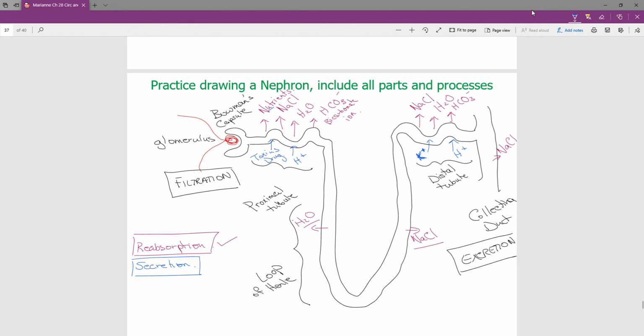And so that cleaning out the closet is the filtration. You are going to reabsorb most of the games back into the closet, right? You're going to put most of the good stuff back in, like the nutrients and the salt and the water and the bicarbonate ions, right? That is that reabsorption process. You might also find a stray deck of cards or something like that that you want to secrete back into the closet.